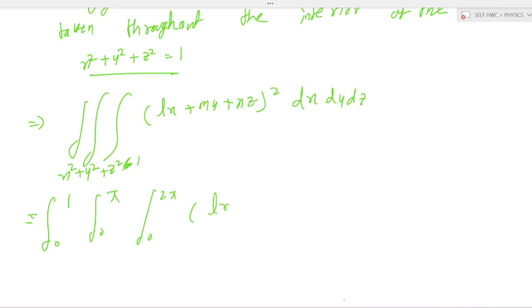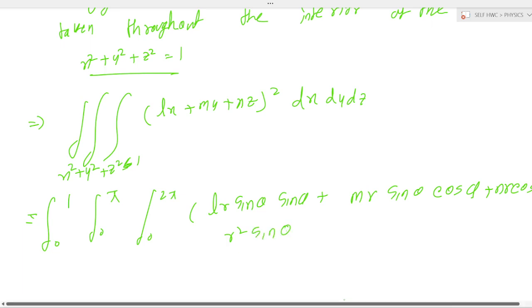So (Lr sinθ sinφ + Mr sinθ cosφ + Nr cosθ) to the power 2 into r² sin²θ into sinθ dr dθ dφ.